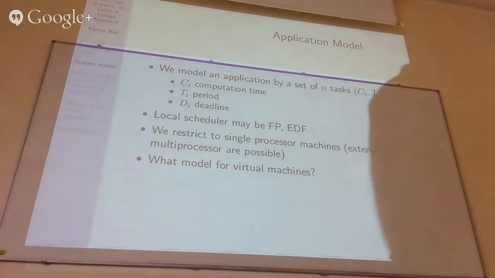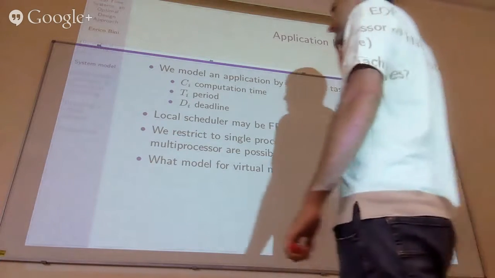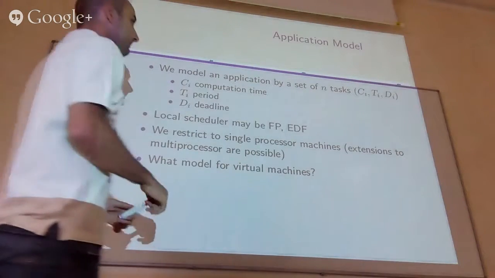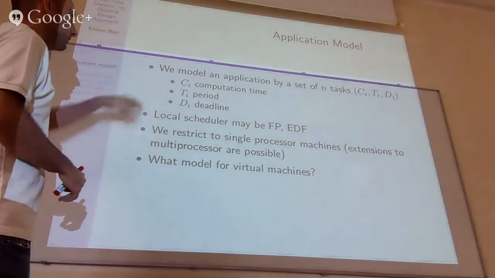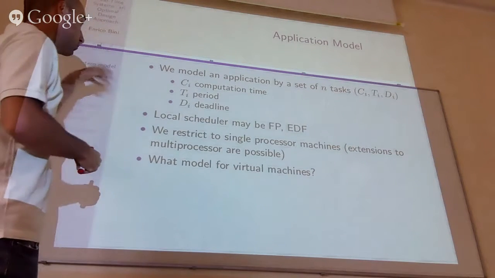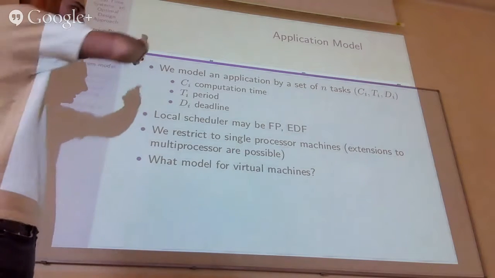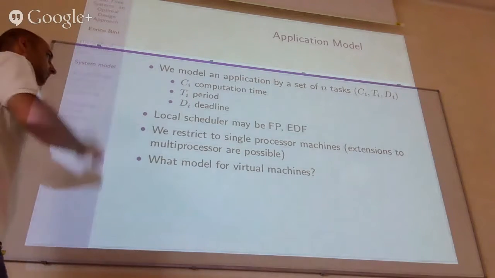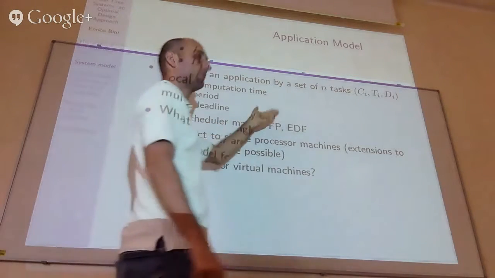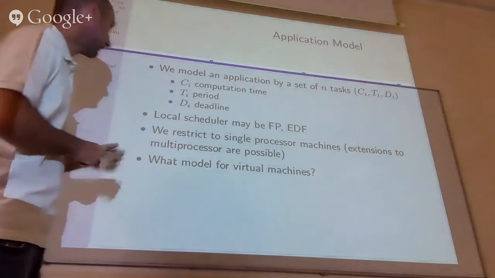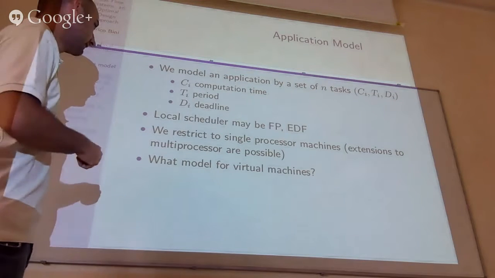Okay, so what model do we use? Well, as application, we use the same sporadic task set model with computation time, period, deadline. It could be made more complicated, but in the course I have no time to do more complicated stuff. And the local scheduler could be fixed priority or EDF.